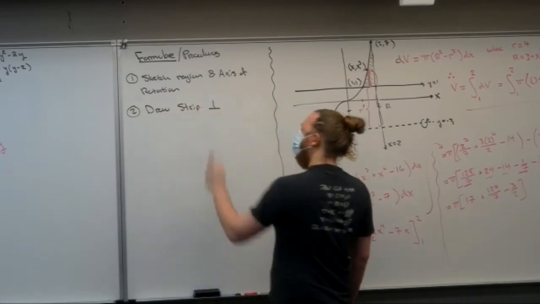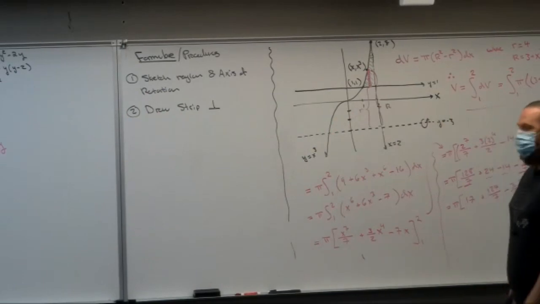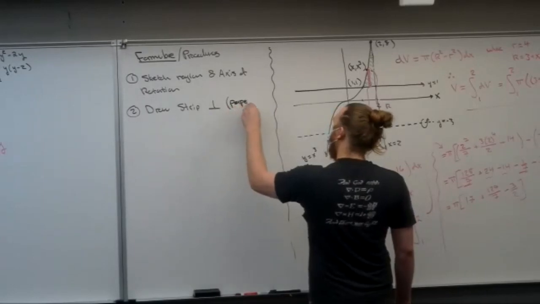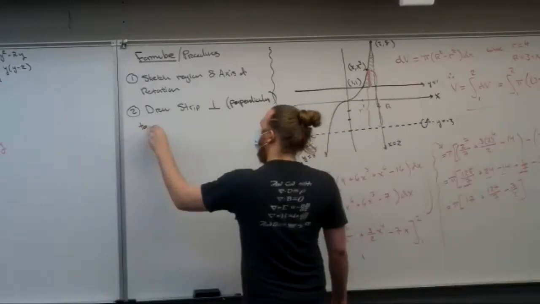Does everybody know what this symbol means? Upside down capital P. Perpendicular to the axis of rotation.